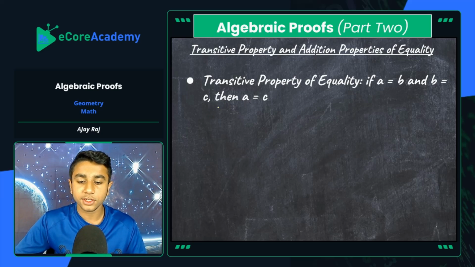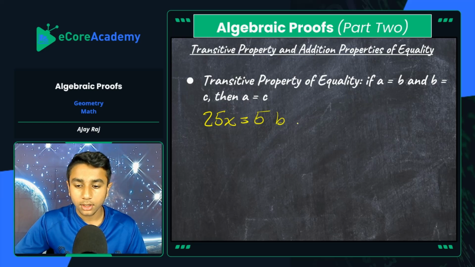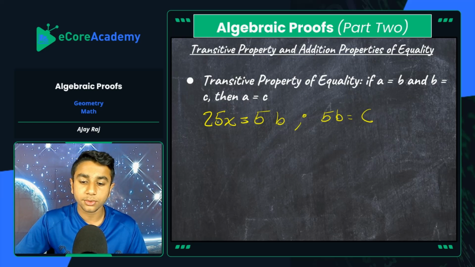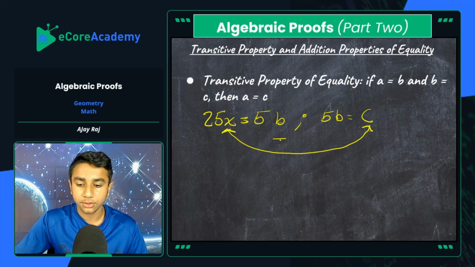Say, for example, we could say 25x equals 5b, and 5b equals c. We know that since 5b equals 25x and 5b equals c, that means c must also be equivalent to 25x, because you can substitute 25x into this equation and it will maintain equality and always be true.